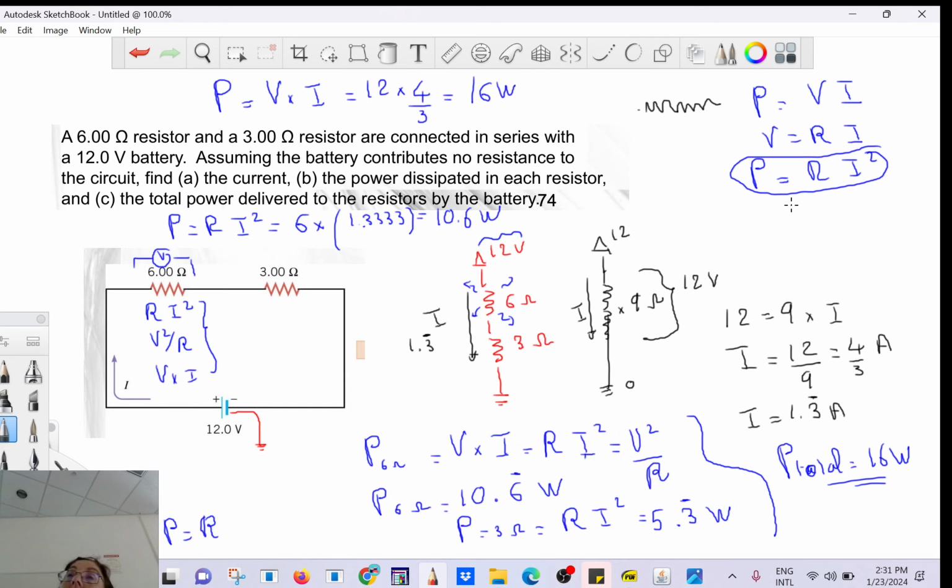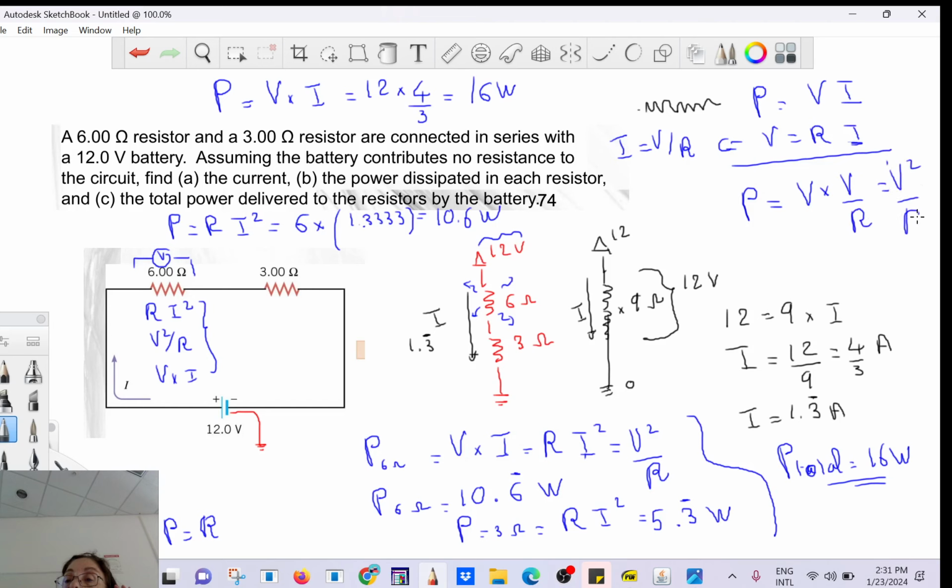V square, how did I get that? Where does it come from? You can use that equation to begin with, and again, it's only an equation for resistance. So if you have P equals V times I, and from Ohm's law you see that I equals V over R, you substitute I by V over R, and you get V squared over R. Okay?